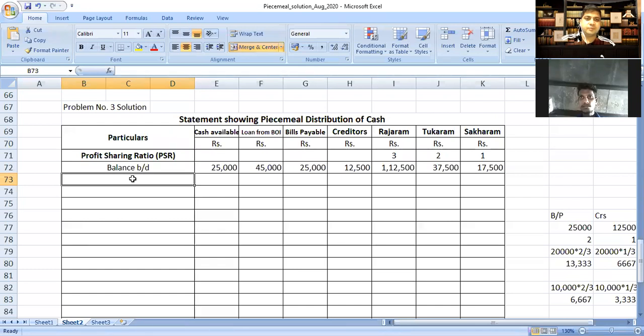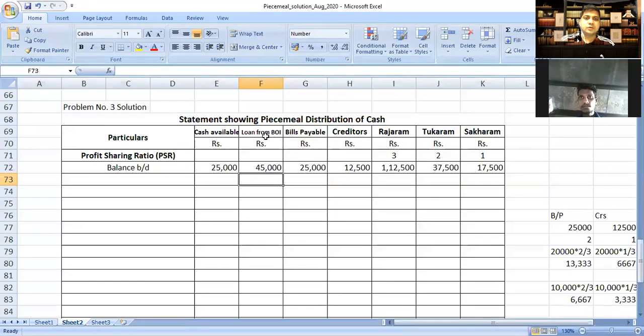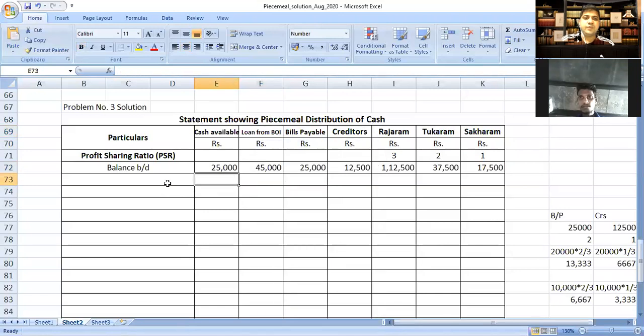So we will make a payment of 45,000 to the Bank of India. This is a loan the partnership firm borrowed from Bank of India. The amount is 45,000 and now we have 25,000. Should the whole amount of 25,000 be paid to Bank of India?